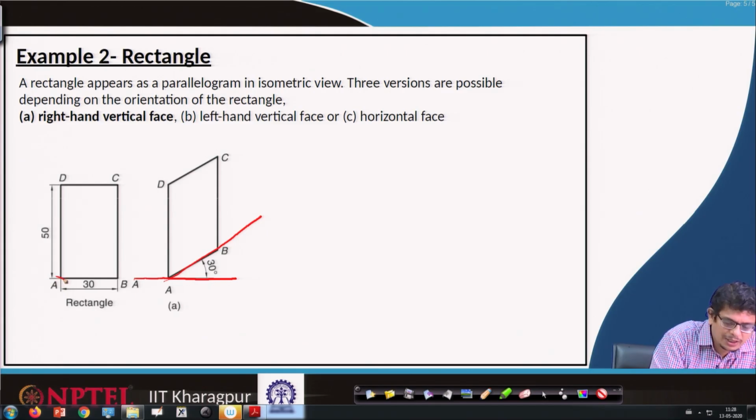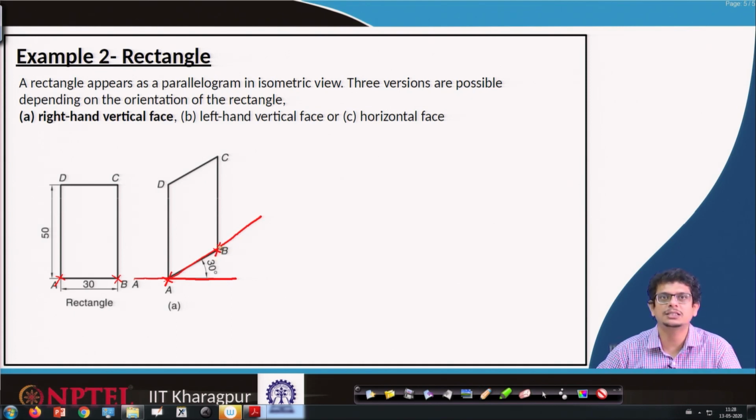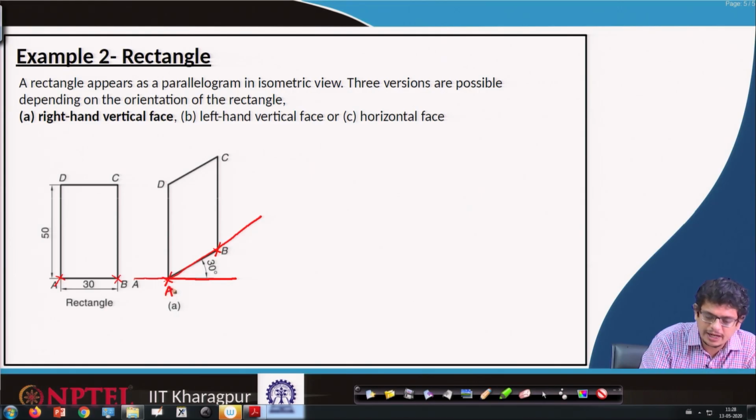Now, whatever the length AB, mark the same length as A and B on this isometric axis construction. Because we are drawing it on the isometric axis, true lengths we will see. So, whatever AB, this AB is one and the same.